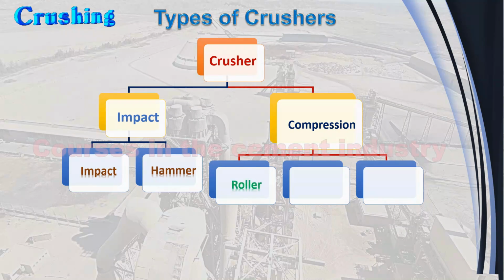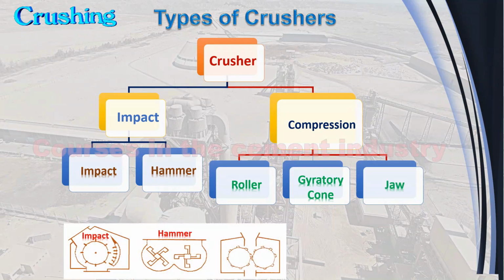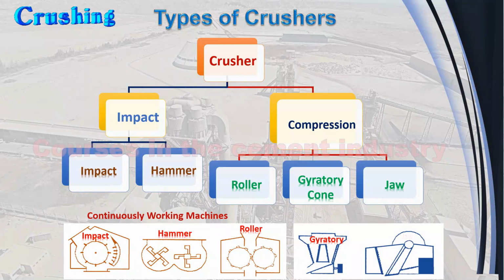Roller crusher. 2. Gyratory or cone crusher. 3. Jaw crusher. Impact crusher, hammer crusher, and roller crusher are continuously working machines. Gyratory crusher and jaw crusher are intermittently working machines.